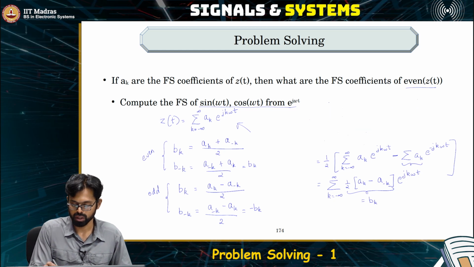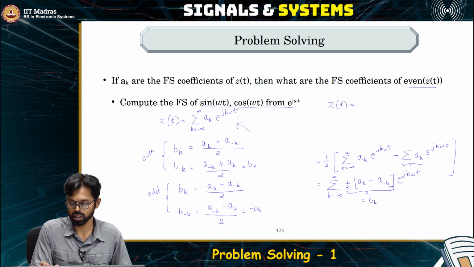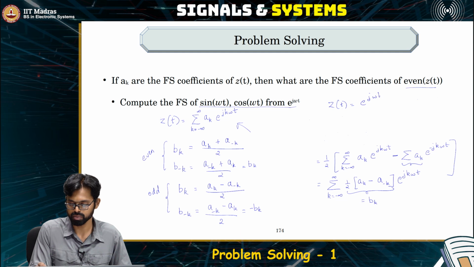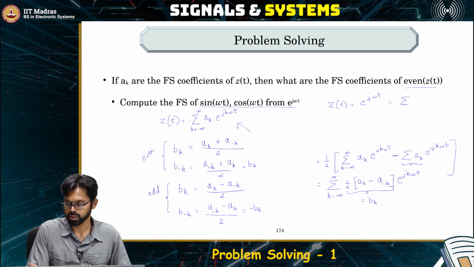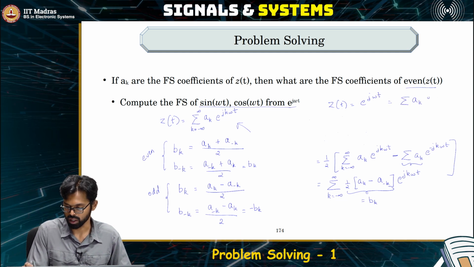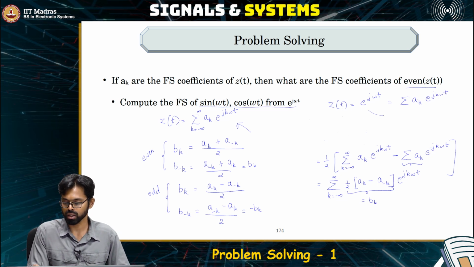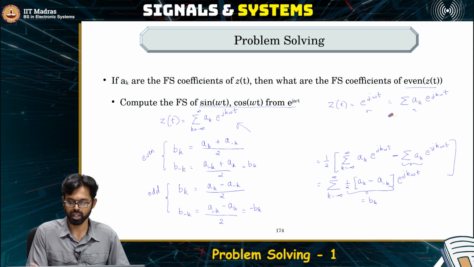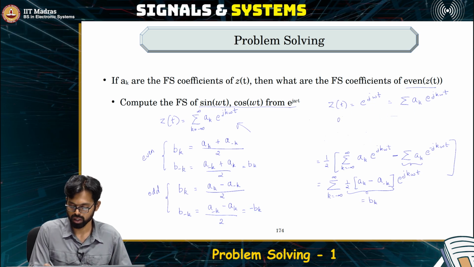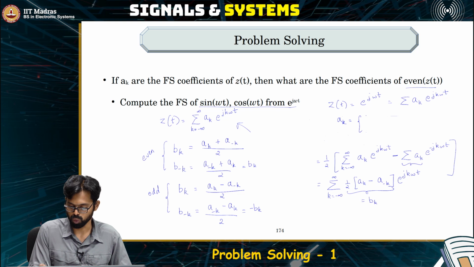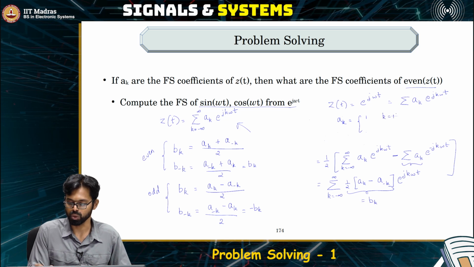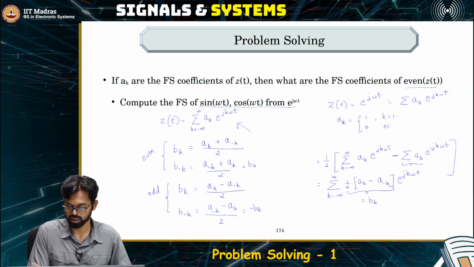If z of t is equal to e power j omega t, and you want to express this in terms of ak e power jk omega t, then just by looking at it and comparing coefficients, you can directly say that ak is equal to 1 for k equal to 1 and 0 elsewhere.